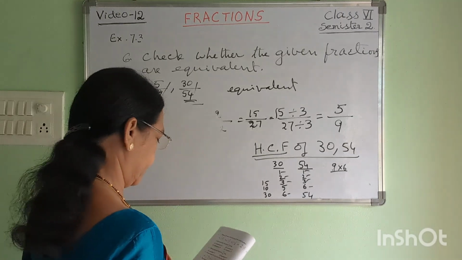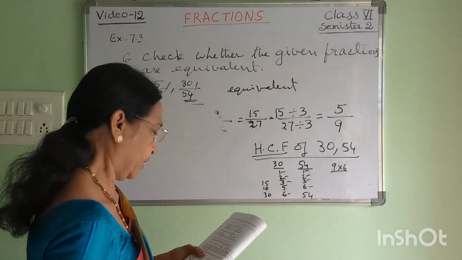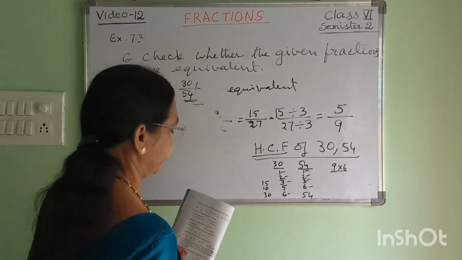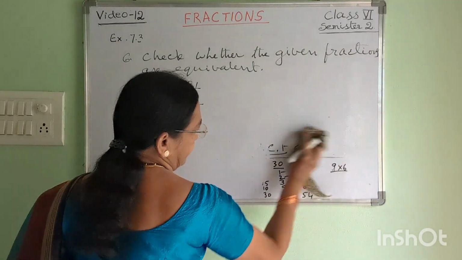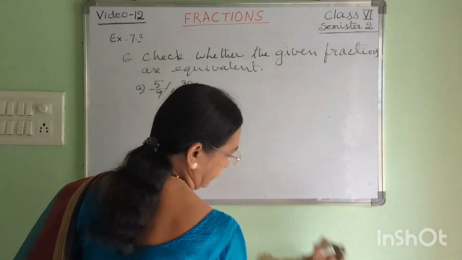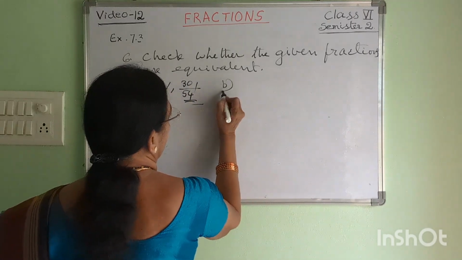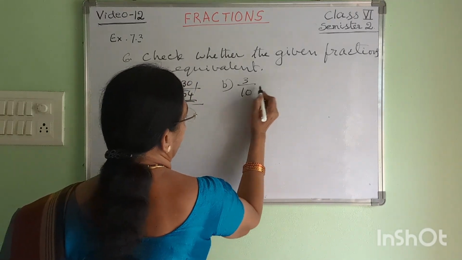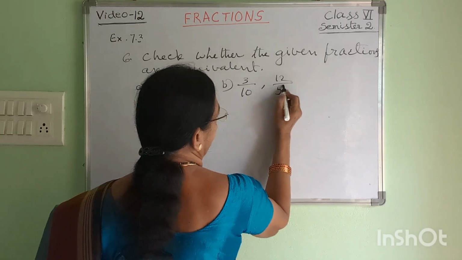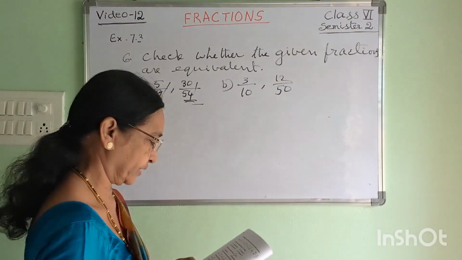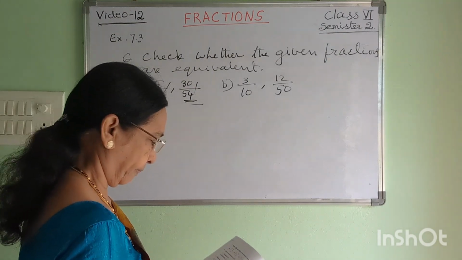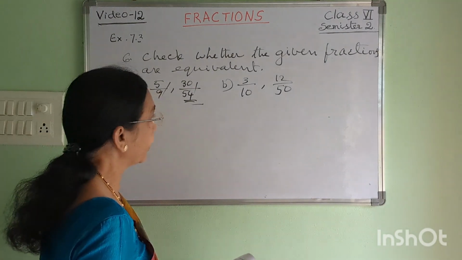Next, going to the second problem, B. That is, B is 3 by 10, 12 by 50. Check whether the two fractions are equivalent. 3 by 10 and 12 by 50.